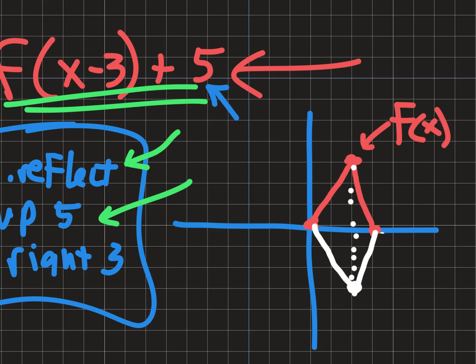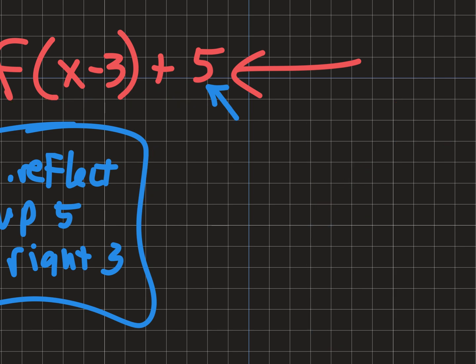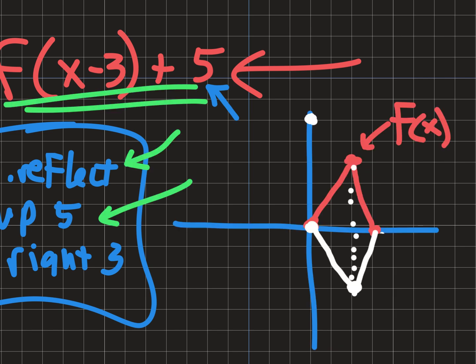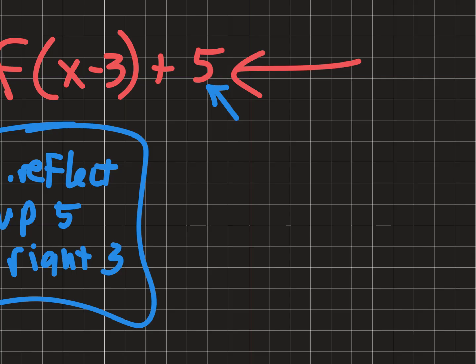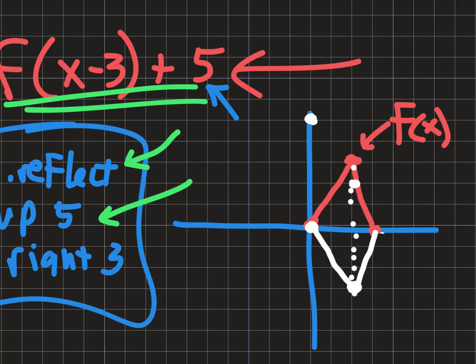And then I move the whole thing up 5. I'm taking this spot at 0, 0, and I'm going up 1, 2, 3, 4, 5. And then it moves 2 to the right and down 3. And that's that point moved up 5.